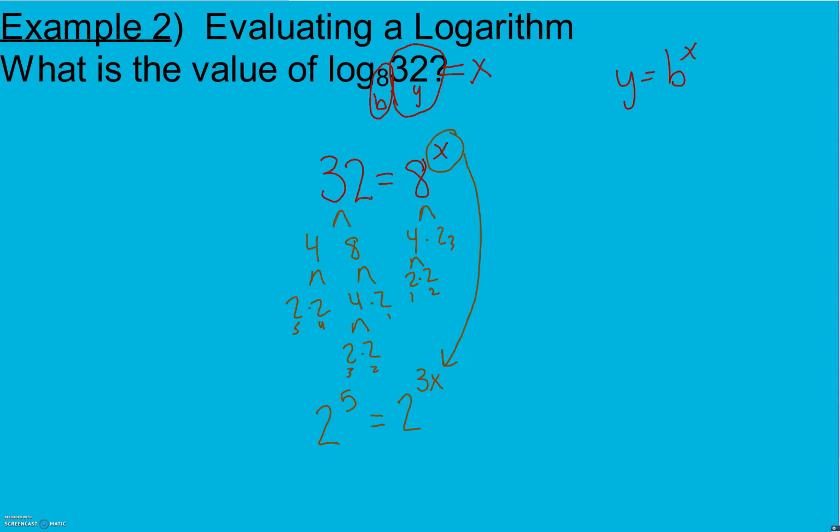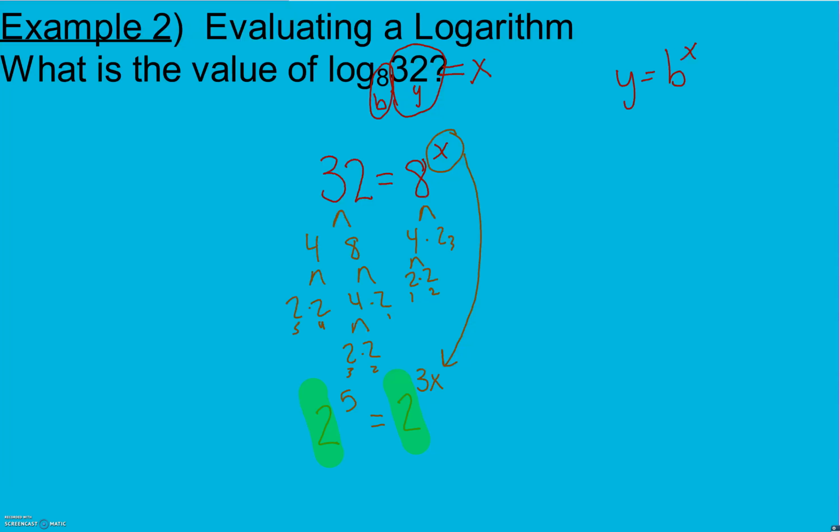Now that I have the exact same base, I can set my exponents equal to each other, because the only way that a number raised to an exponent equals the same number raised to an exponent is if the exponents are the same. That's the only possible way we can get to the same spot, as long as our bases are the same. And our bases are a 2 and a 2.